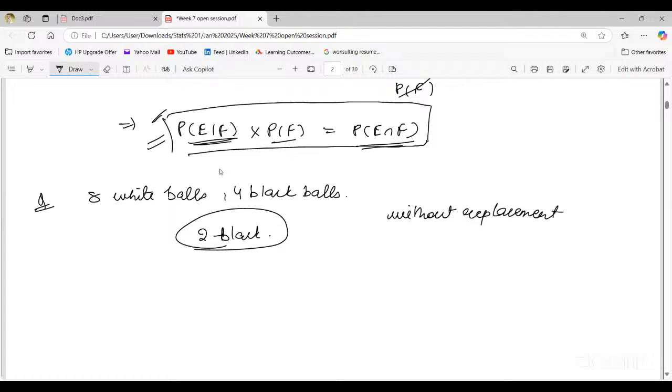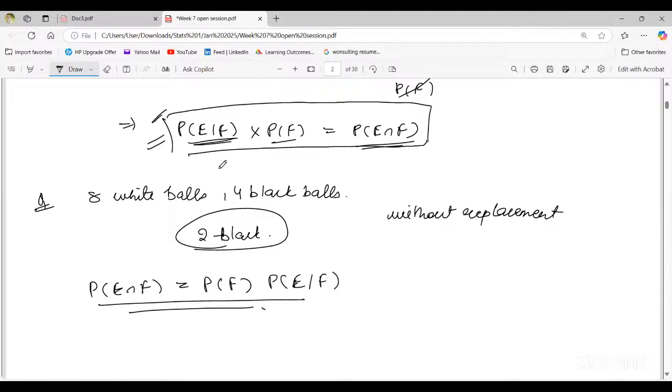Is the question clear to everyone? Okay. So my formula is probability of E intersection F equals probability of F into probability of E given F. This is my multiplication rule. According to this question, I have 8 white balls, 4 black balls. I'm drawing two balls without replacement, and I have to find the probability that both the balls drawn are black.